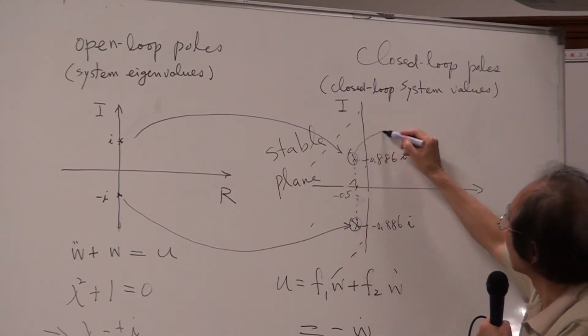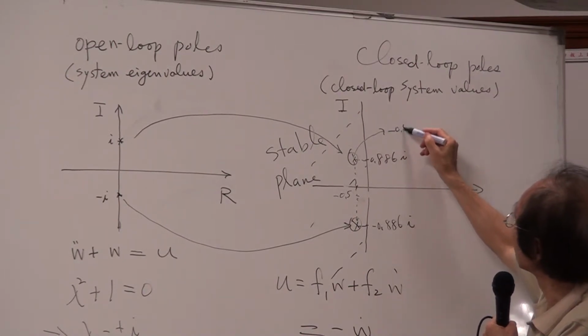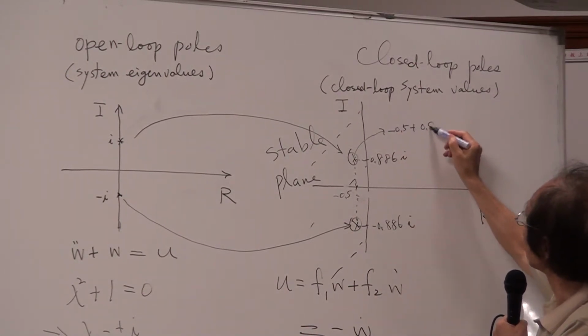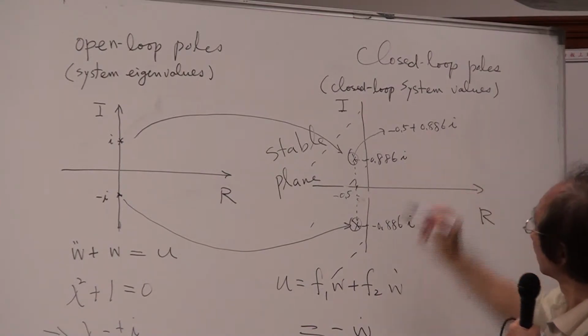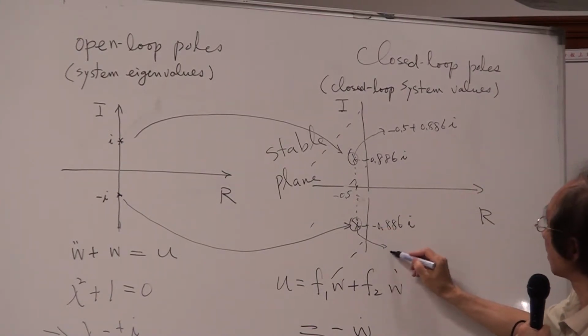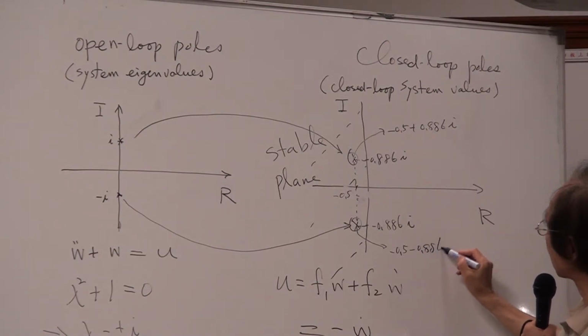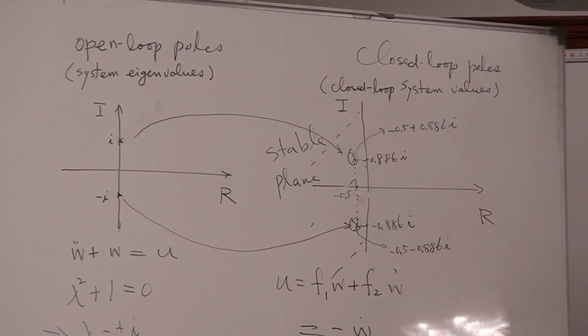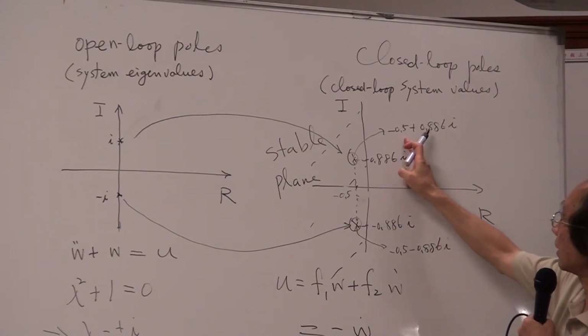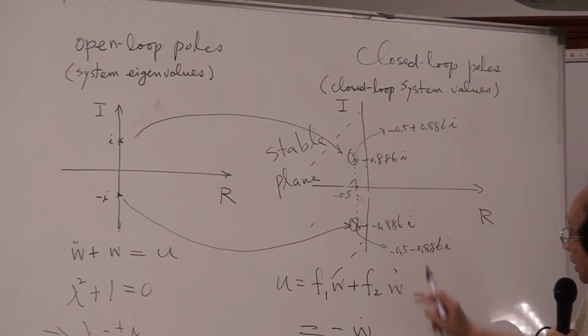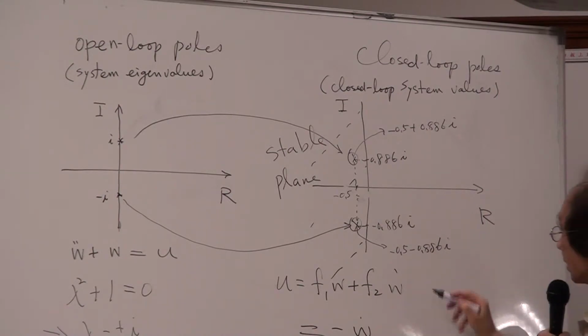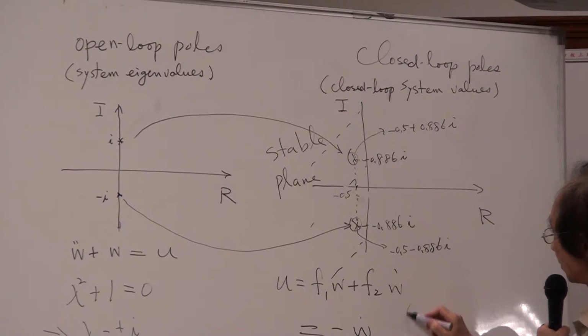So this point is minus 0.5 plus 0.866i, and this is minus 0.5 minus 0.866i. Right? And because the real part is negative, this system we call asymptotically stable.